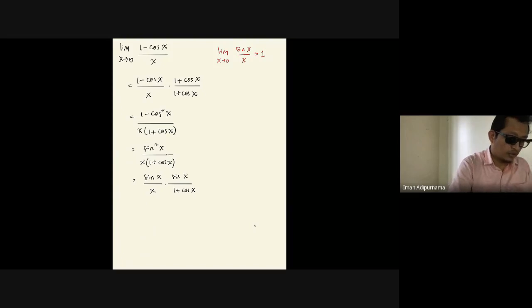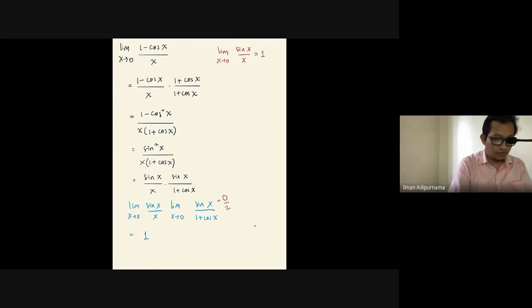And thus we can evaluate the limit. So I will write, limit as x approaches 0. The first part will just be 1, right? And if you plug in here, it's 0 over something, so over 2. So it's 0, right?